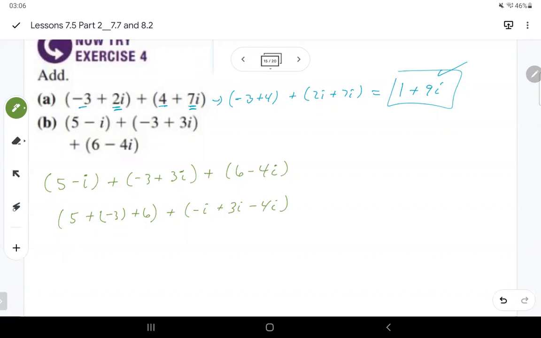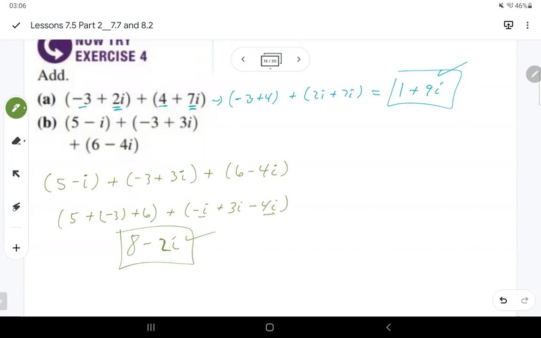So in the real part, we are looking at 11 minus 3, which is 8. And then here we have minus 5i plus 3i will give us a minus 2i. Right? So we are done there.